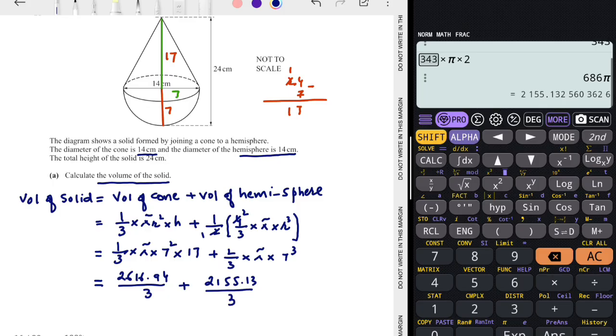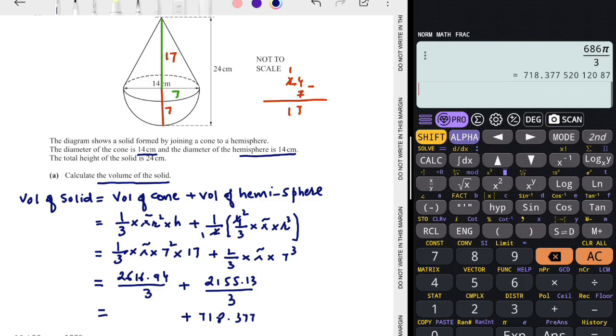Now we have to divide individually. So divided by 3, this value becomes 718.37, and 2616.94 divided by 3 is equal to 872.33.